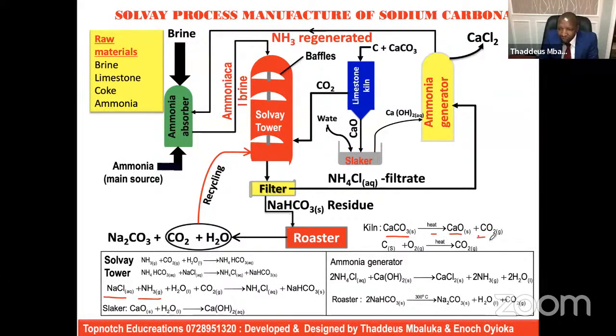We can also have coke being burnt in the presence of oxygen to form carbon dioxide. So in the kiln we are generating carbon dioxide, which is taken to the ammonia generator and supplied from the bottom, while the ammoniacal brine is supplied from the top. Are we together?